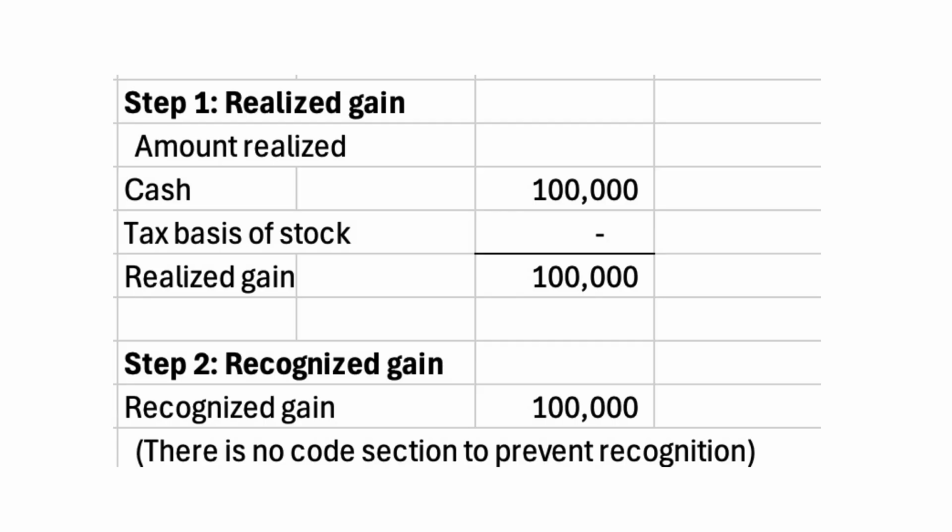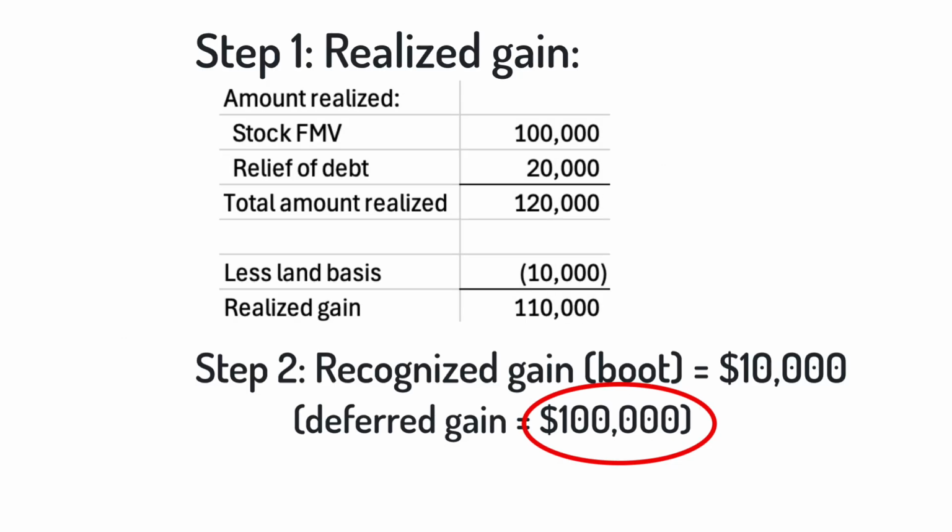So in this hypothetical sale, the realized gain is $100,000 and the recognized gain is also $100,000 because there is no code section to prevent the recognition of the gain on the sale of stock. And that $100,000 of recognized gain is exactly equal to the $100,000 of deferred gain.